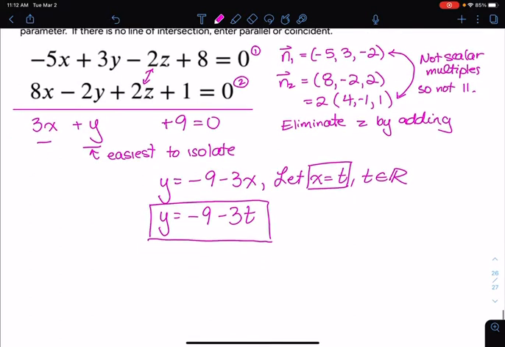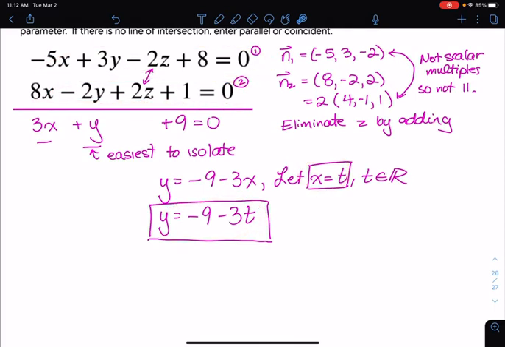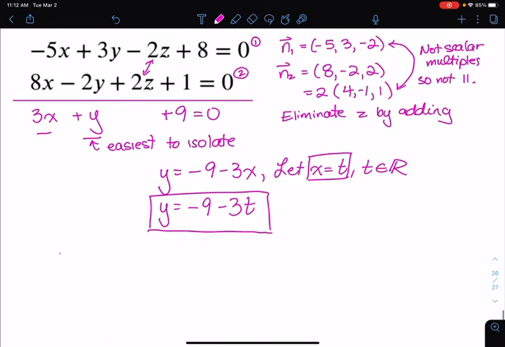And now I just need an equation in z. So I'm going to substitute these two equations into one of these two to solve for z. So you pick your favorite. It really doesn't matter. I'm going to sub x equals t and y equals -9 minus 3t into, let's say, equation 1.